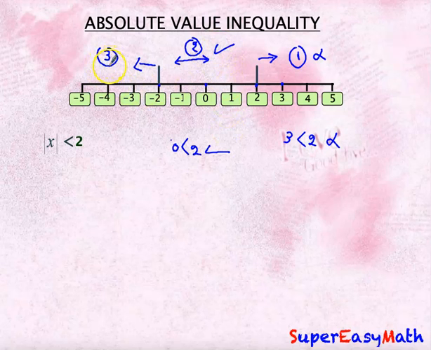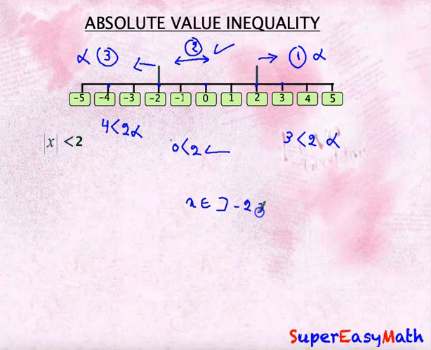And what about the third part, when x is smaller than minus 2? Take any value, for example minus 4. Absolute value of minus 4 equals 4, smaller than 2, which is false, so here we have no solution.